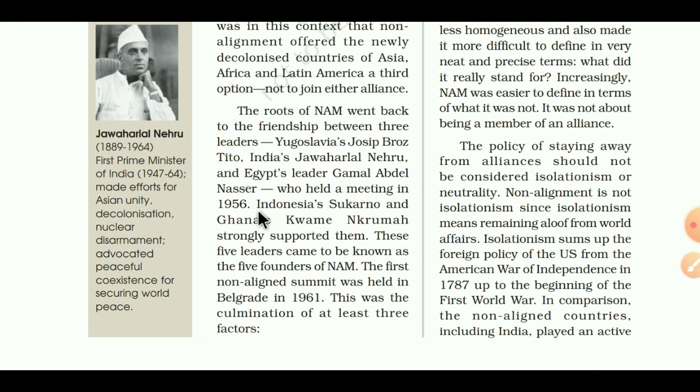After that, in 1956 the first meeting was held in Indonesia, and Ghana also emerged and became a part of the non-alignment movement. The first non-alignment movement summit was held in Belgrade in 1961.